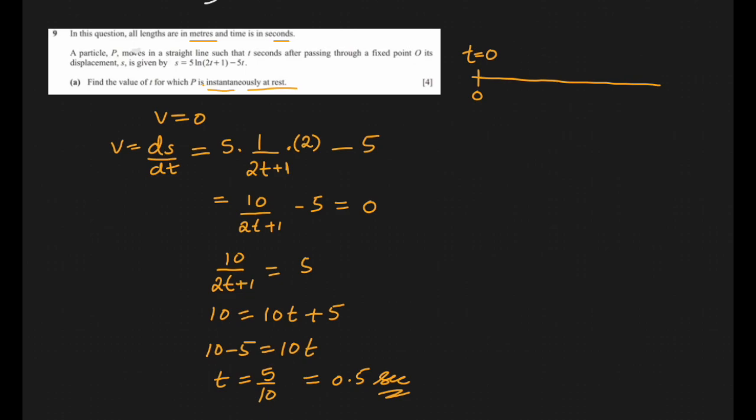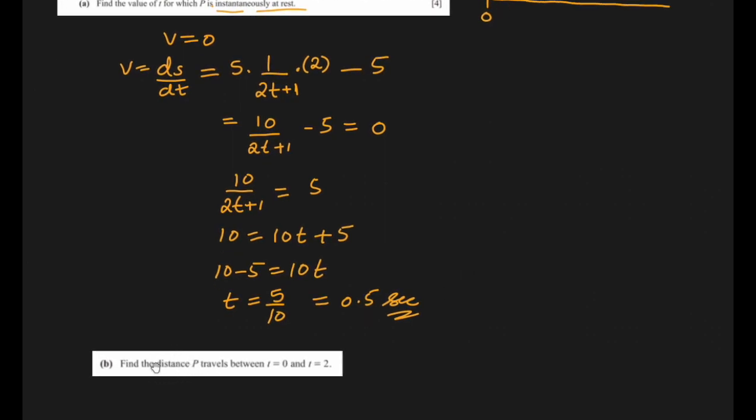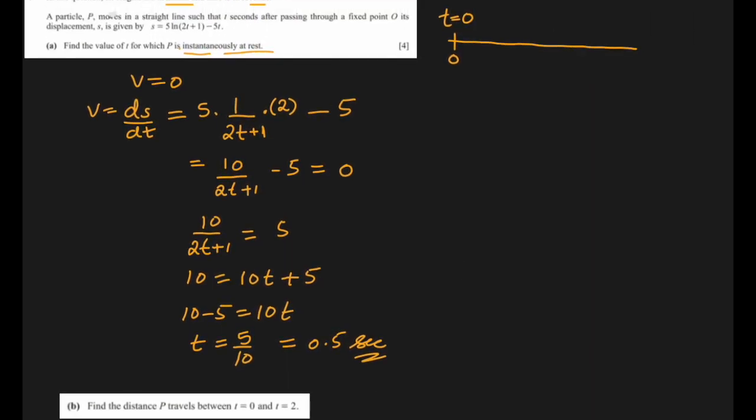Alright, next. Find the distance p travels between t equal to 0 and t equal to 2. Look, it starts from here, so t equal to 0 is here. After 0.5 seconds, it is instantaneously at rest.